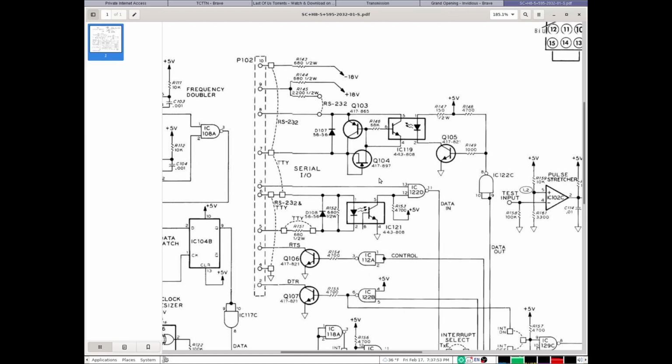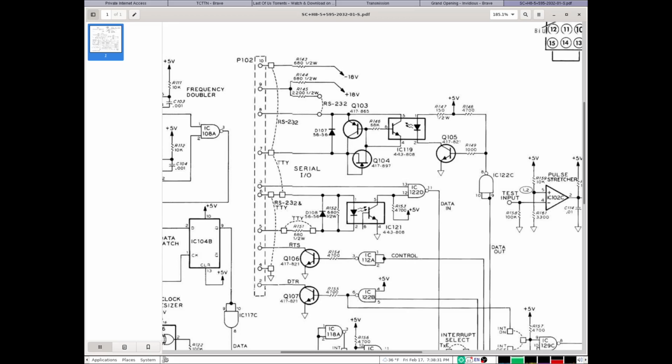Instead of using 1488s and 1489s, which I guess weren't around yet at the time this board was made, it uses optocouplers and transistors to, quote unquote, manually switch the unregulated positive and negative 18-volt power supply rails onto the RS-232 port, which I think is amazing in an amazingly Baroque way, right? So that's pretty cool.